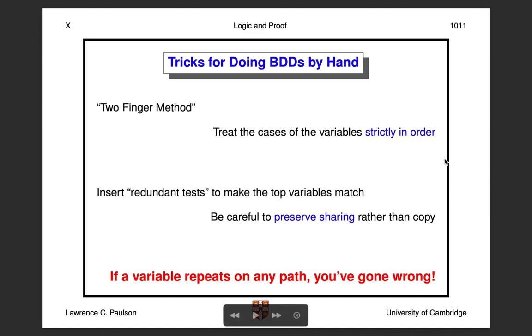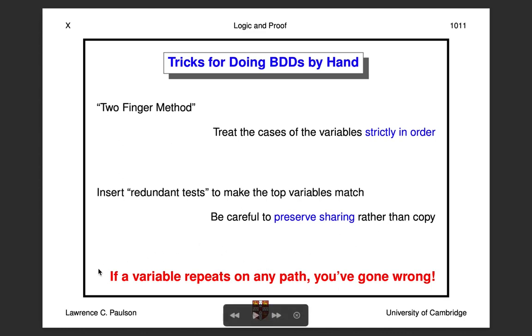Be sure to test your variables in order. Consider inserting redundant tests so that you're always testing the same variable with each finger. Of course, keep an eye on the sharing of common sub-expressions because every identical structure has to be copied in the final result.